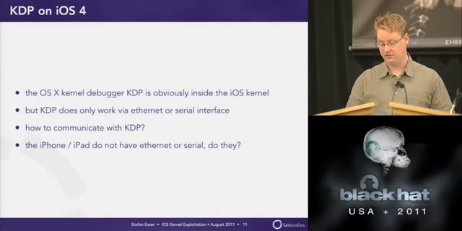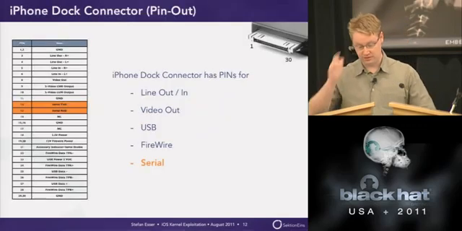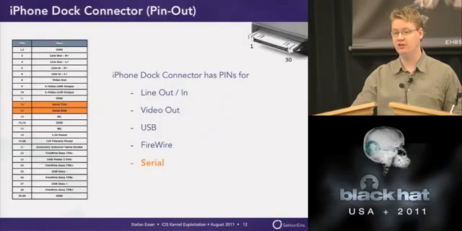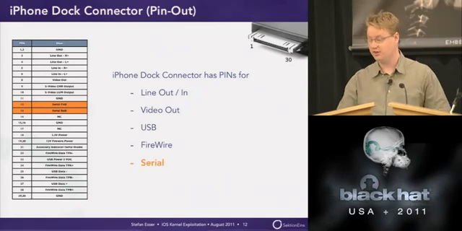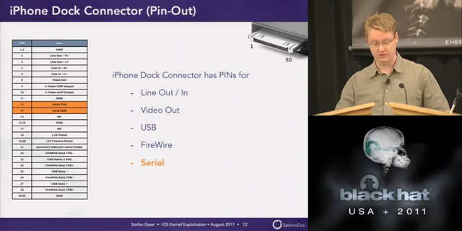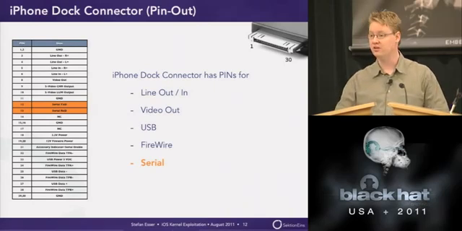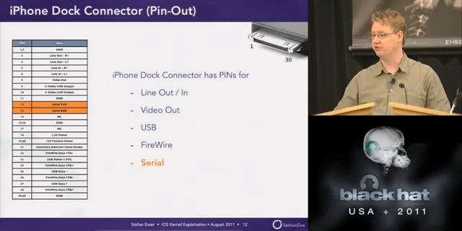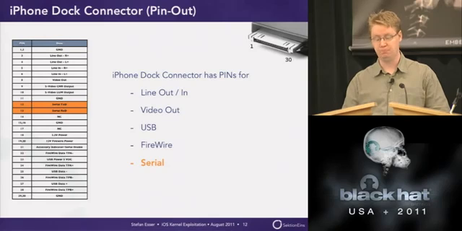The idea is actually very simple. When you look at an iPhone dock connector and see the pin out, you will see that there are two pins that are very interesting, called serial RX and TX. Basically, you can speak serial with the iPhone. But the problem is there's no cable I know of that you can buy that will give you serial directly.